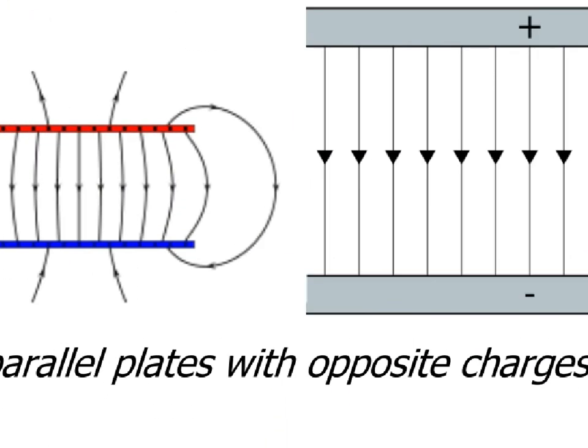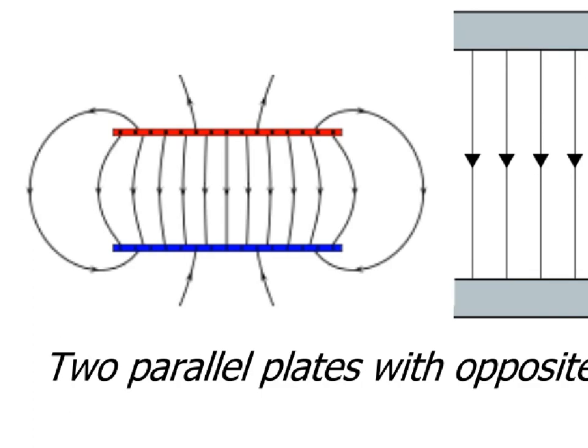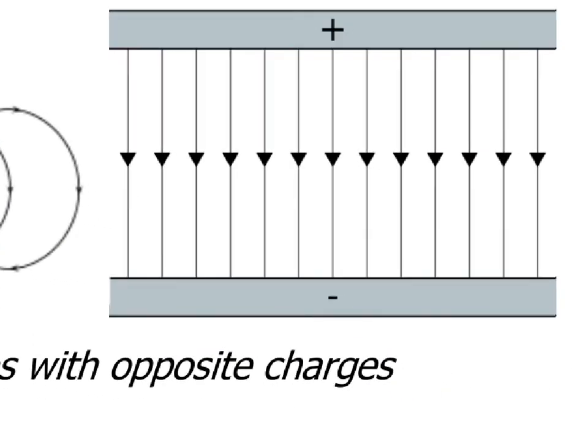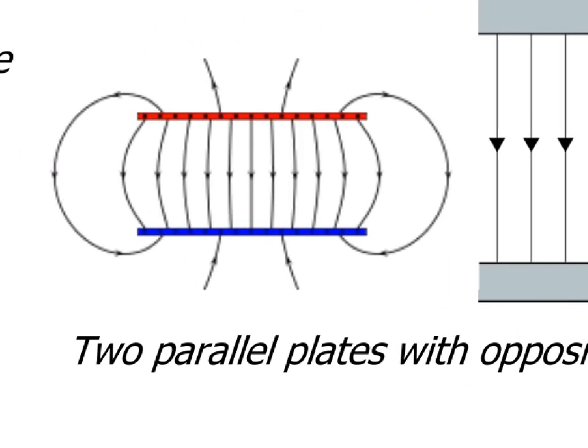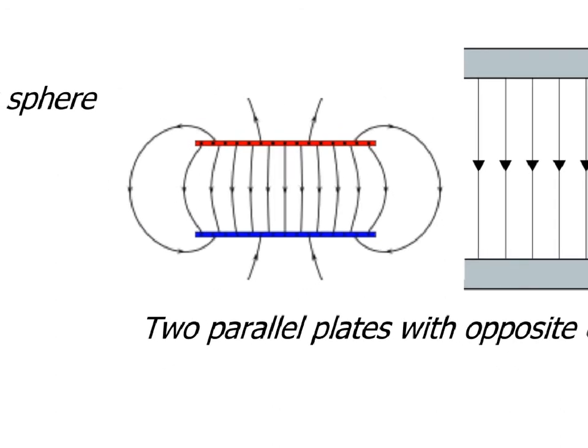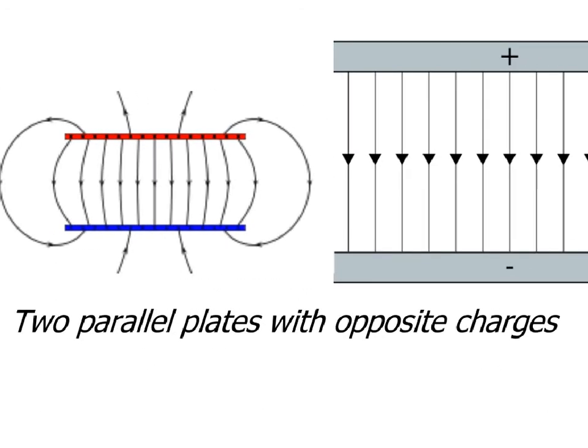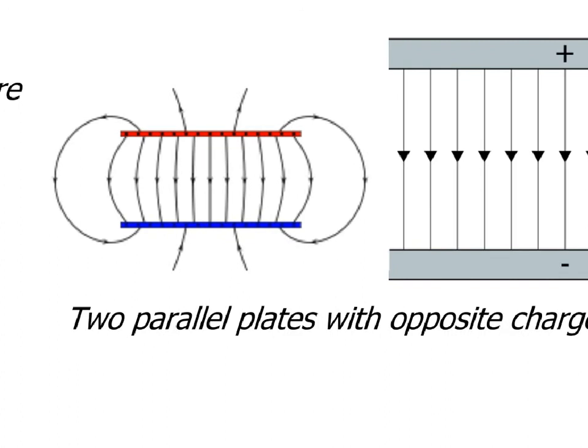And then here are two different views of the electric field between two parallel plates that have opposite charge. All right. So here it shows the entire plates, and it shows that at the edges the field starts to bend a bit. So especially right near the edge, the field kind of bops out from the plates and goes around. But in the middle, the field lines should be basically straight up and down in between a parallel plate.